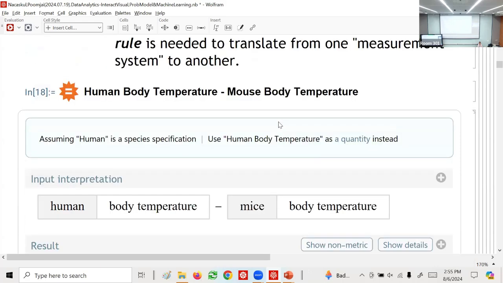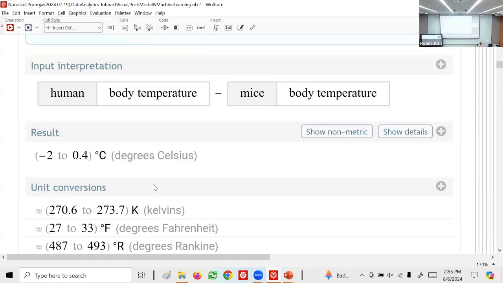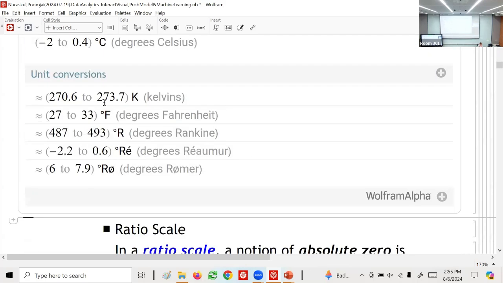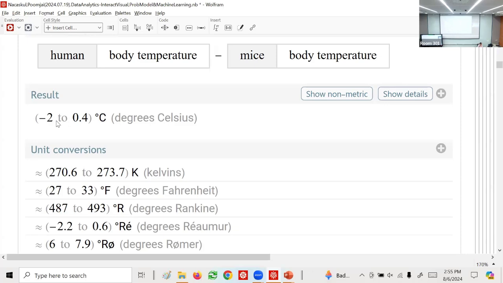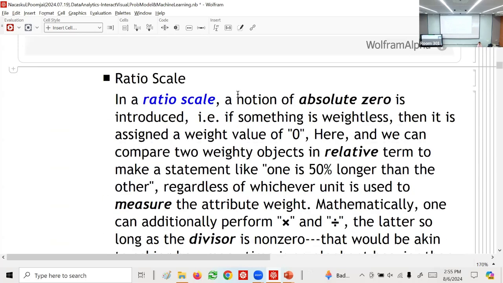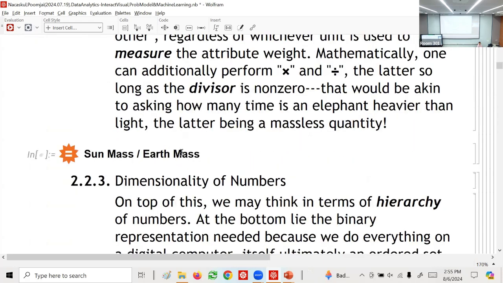The difference between this and Googling is that this is actually curated data. So yeah, human temperature versus mice temperature, the difference is about -2 centigrade. Okay, ratio scale, you can do sun mass, earth mass.